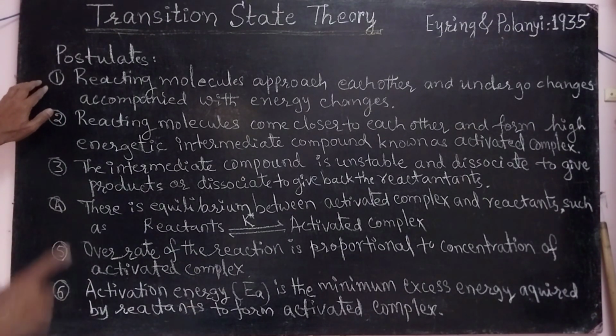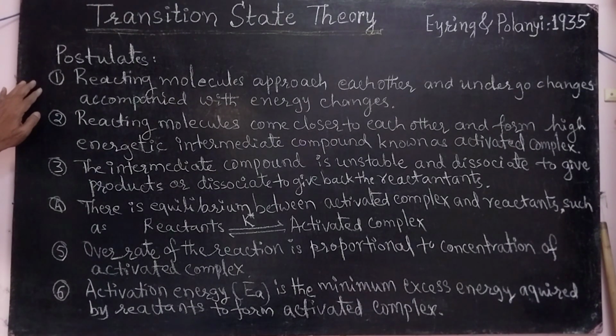Now about the postulates of transition state theory or activated complex formation theory. First, reacting molecules approach each other and undergo changes accompanied with energy changes. Second, reacting molecules come closer to each other and form a high energetic intermediate compound known as the activated complex.